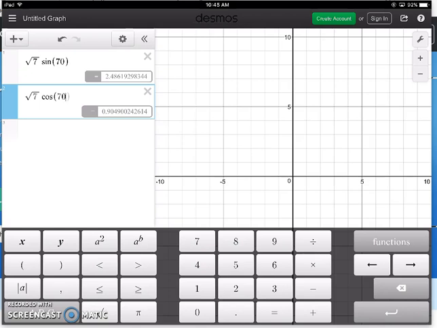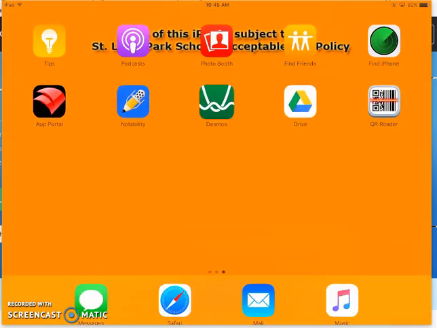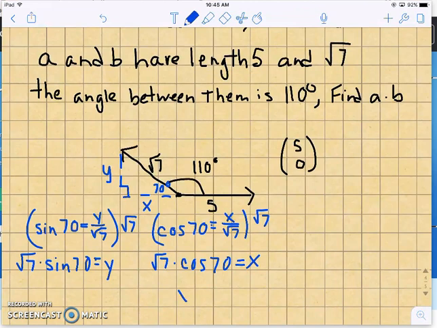So we have 0.9. So our x is 0.9 and our y is 2.5. So x equals 0.9. So we can go back up here.